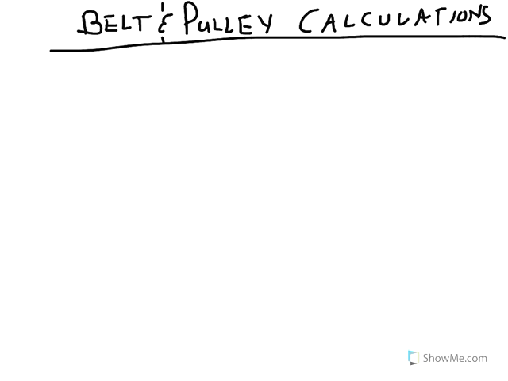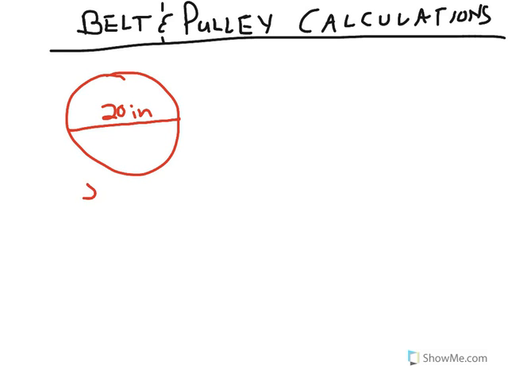So let's figure out how to draw this. We have pulley A, and pulley A, it says, is 20 inches in diameter. And it says that it is moving at a rate, its angular velocity, 3,000 RPM. That's pretty quick.